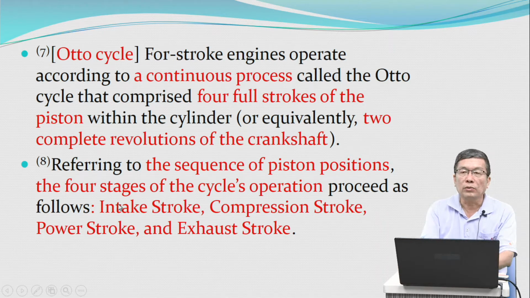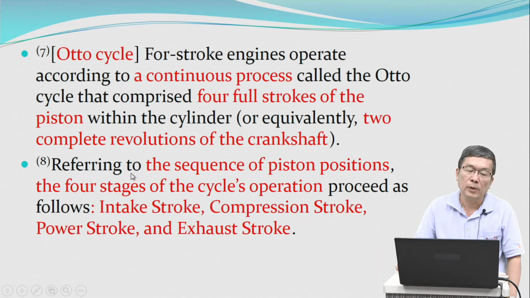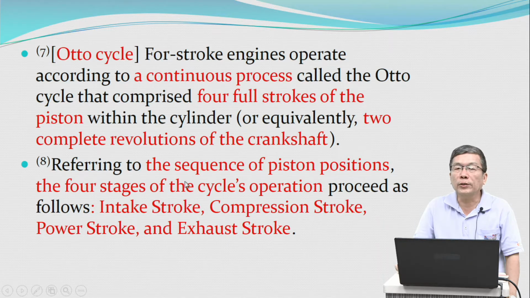Otto cycle. A four-stroke engine operates according to a continuous procedure called the Otto cycle that comprises four full strokes of the piston within the cylinder, or equivalently two complete revolutions of the crankshaft, referring to the sequence of the piston positions.